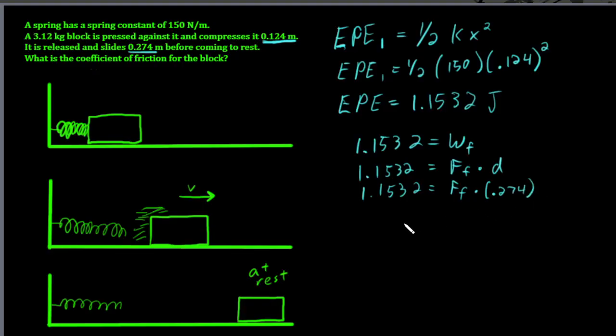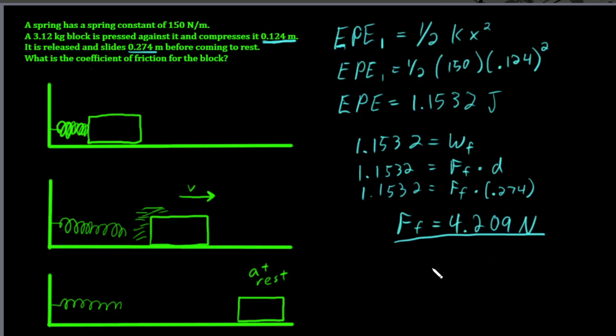We'll divide both sides by 0.274, and we will get that the force of friction acting on the box is 4.208 or 4.209. Okay, so I've got 4.209 newtons for my force due to friction.